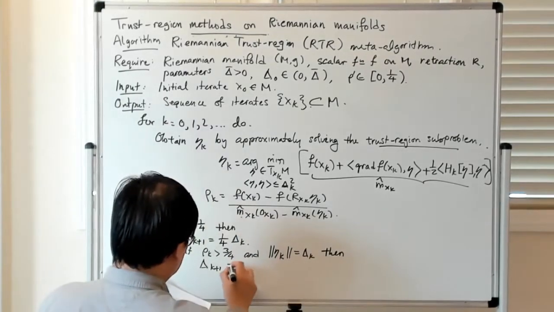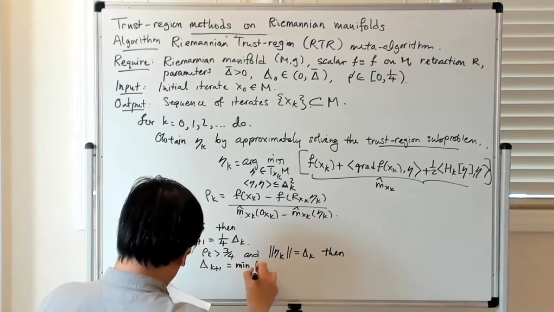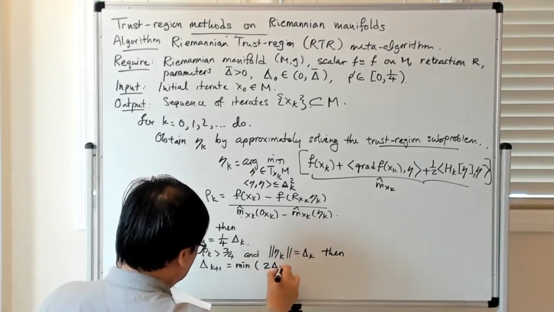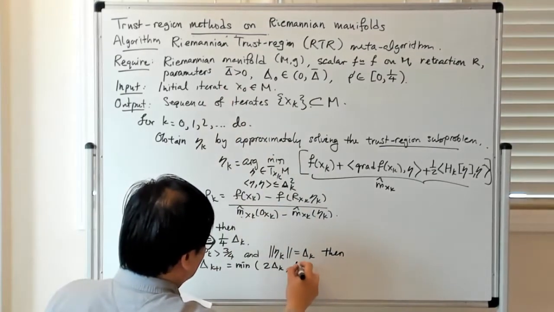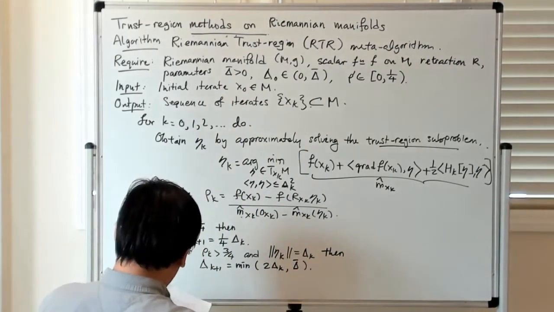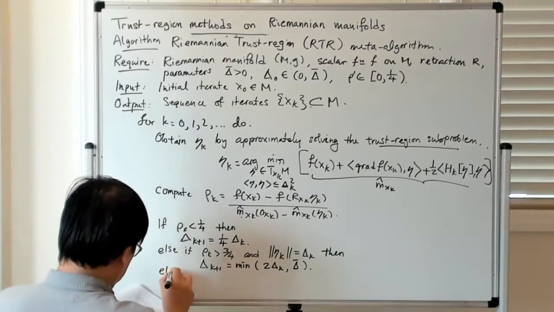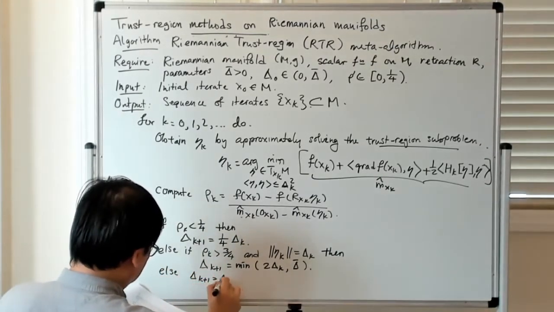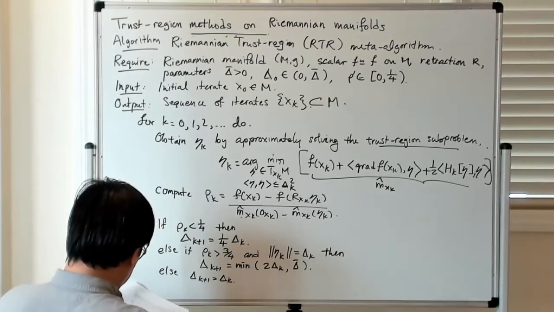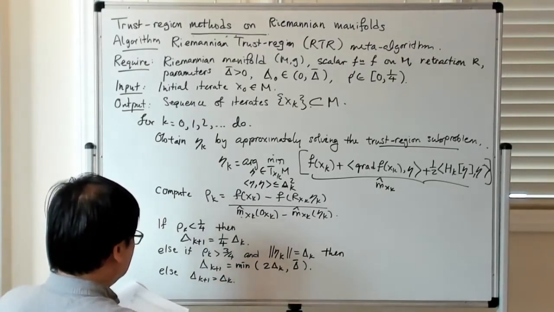Okay, so this is equal to the minimum between 2 times delta k, so it can double the trust region radius, but I want to constrain it so that it's no larger than delta bar. Okay, so else delta k plus 1 is equal to delta k, so I don't update it.